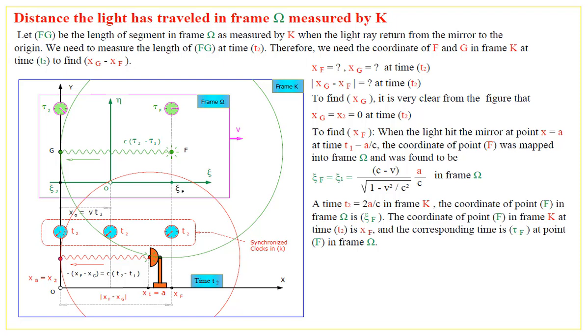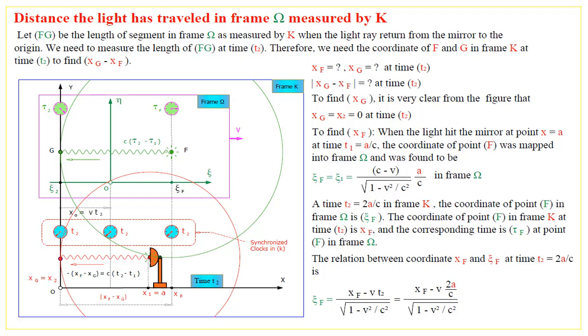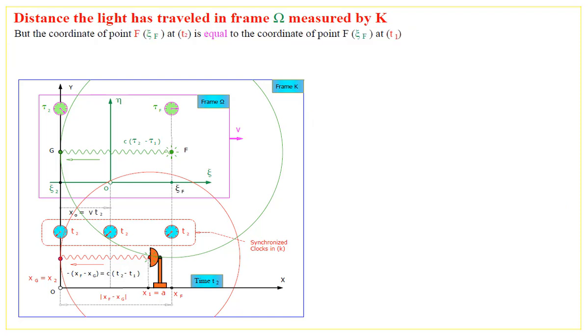The coordinate of point f in frame k at time t2 is xf, and the corresponding time is tau f at point f in frame omega. The relation between coordinate xf and psi f at time t2 equals 2a over c is. But the coordinate of point f, psi f, at t2 is equal to the coordinate of point f, psi f, at t1.